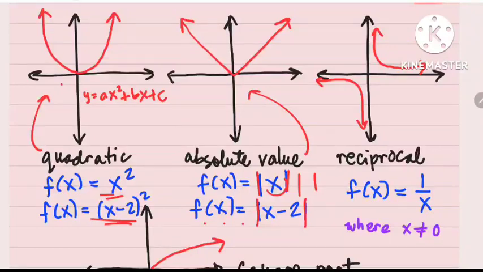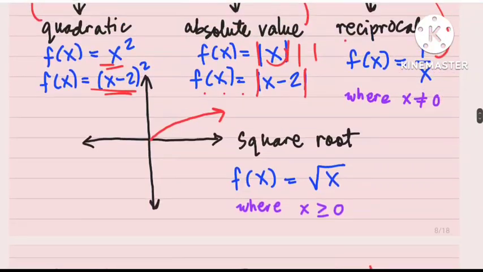Next is the most basic or simplest reciprocal function. F of x is equal to 1 over x, where x should not be equal to 0. So here's the graph of a reciprocal function. And then we have the square root function whose graph is like this.